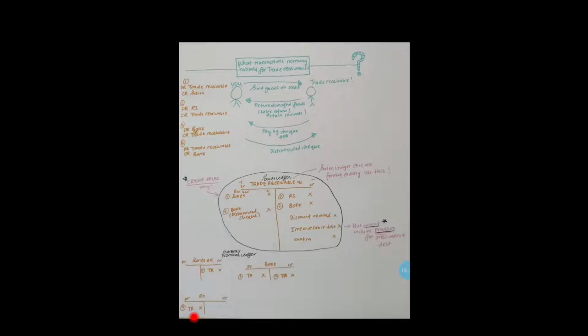For example, Ali returns, so this is Ali, and here you will write return inwards. So debit return inwards, credit trade receivable, the second transaction over here.